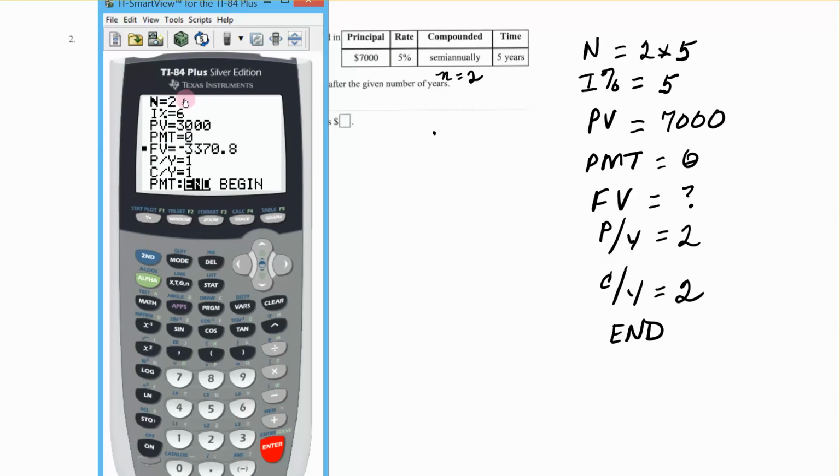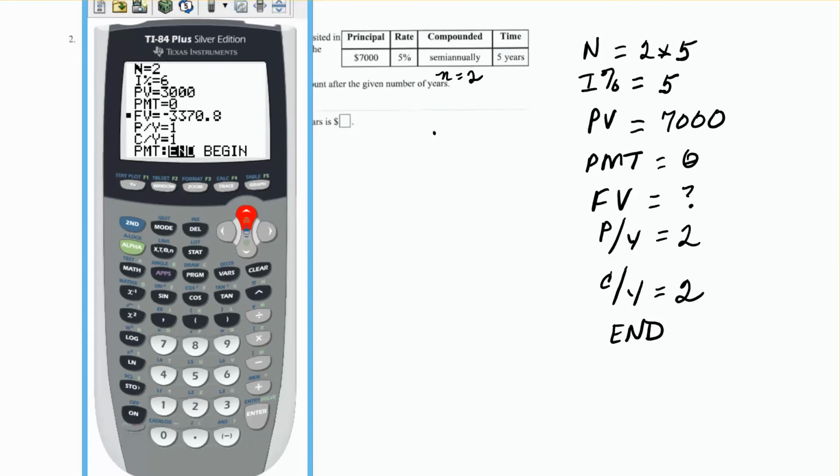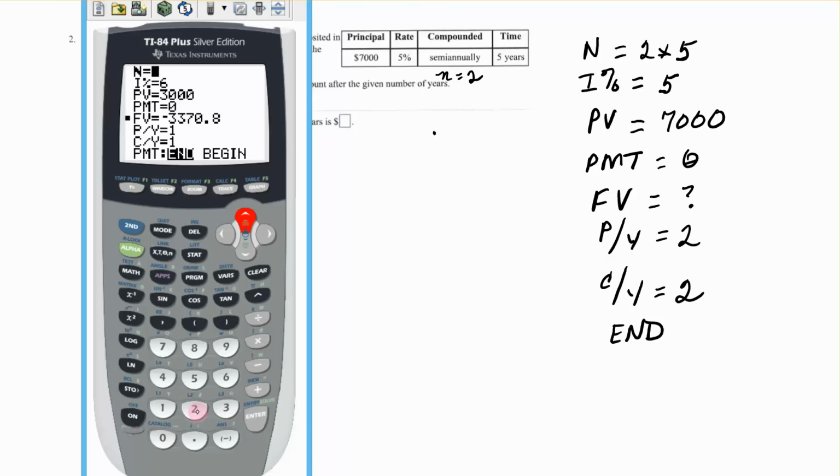All right, go up to the top. I used my up arrow to do that. And the number of compounding periods is 2 times 5, and you certainly could just do 10. Enter. The interest rate is 5. Enter.